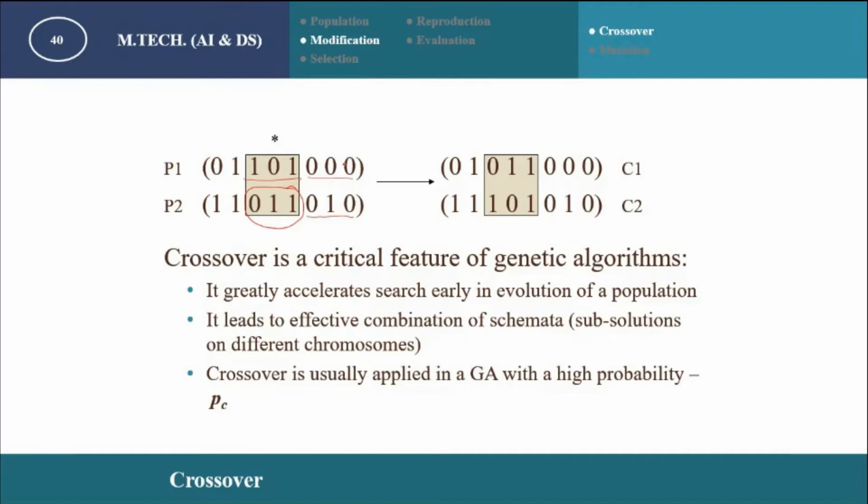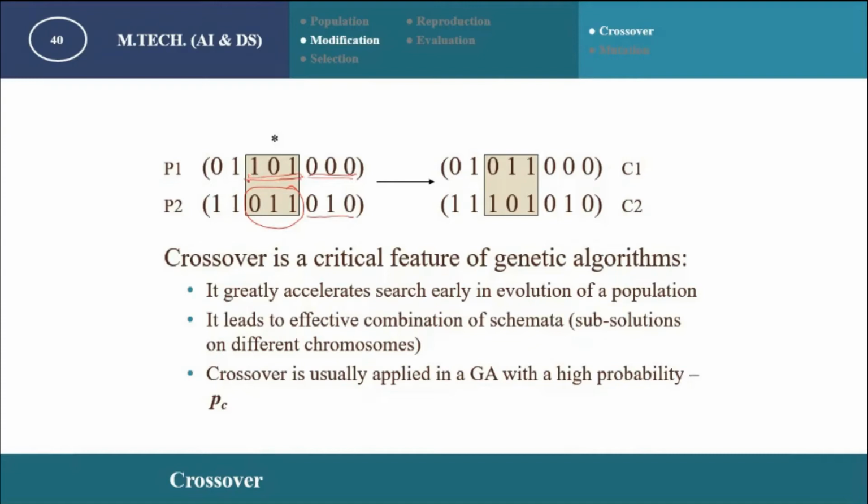In this particular scenario, there are two individuals, P1 and P2, that is, two parents. The first parent is 0, 1, 1, 0, 1, 0, 0, 0. The second parent is 1, 1, 0, 1, 1, 0, 1, 0. We consider two schemata here, this one and this one.